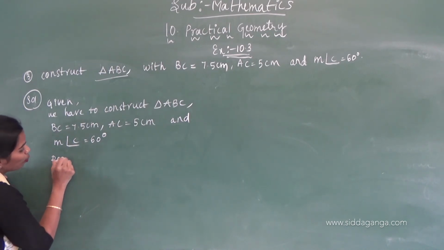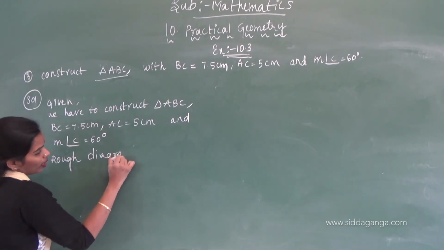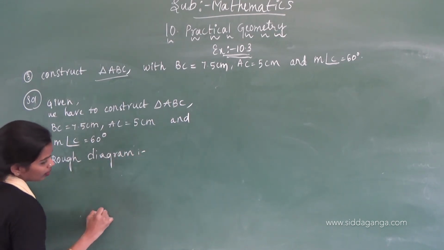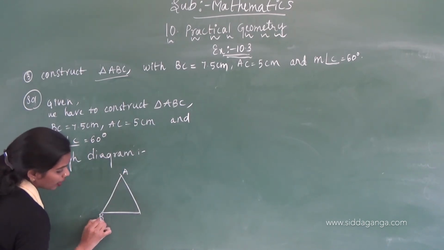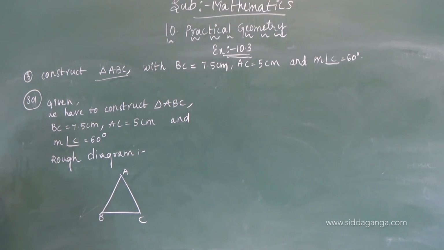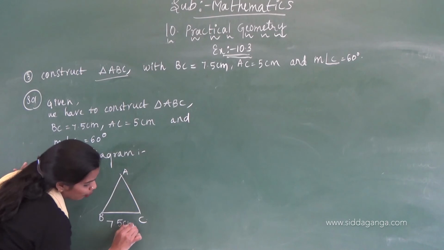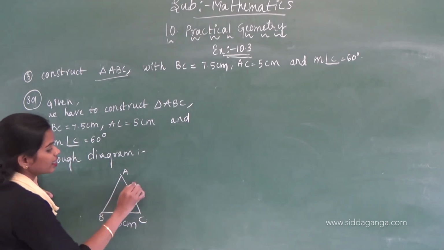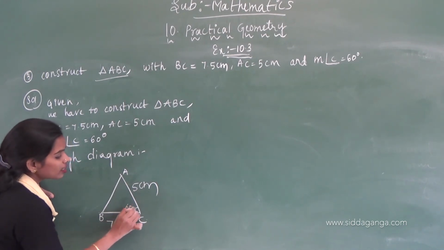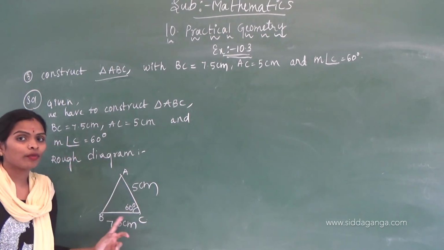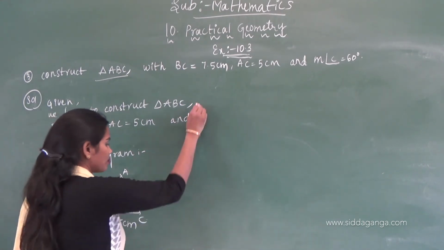Rough diagram we have to draw first. A, B, C. Which they are giving? BC, I am taking as base, 7.5 centimeters. AC as 5 centimeters, and the angle between these two sides is 60 degrees.